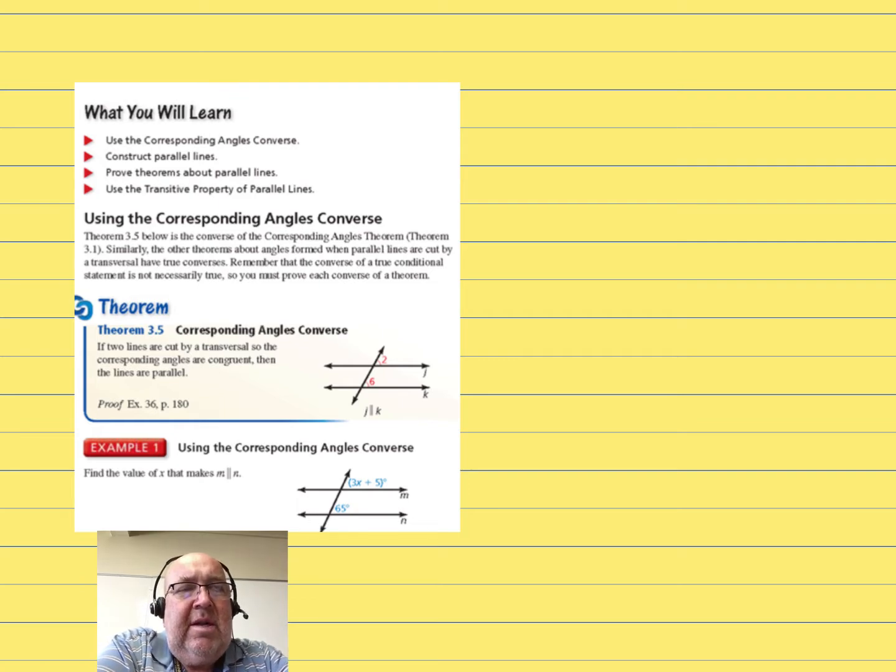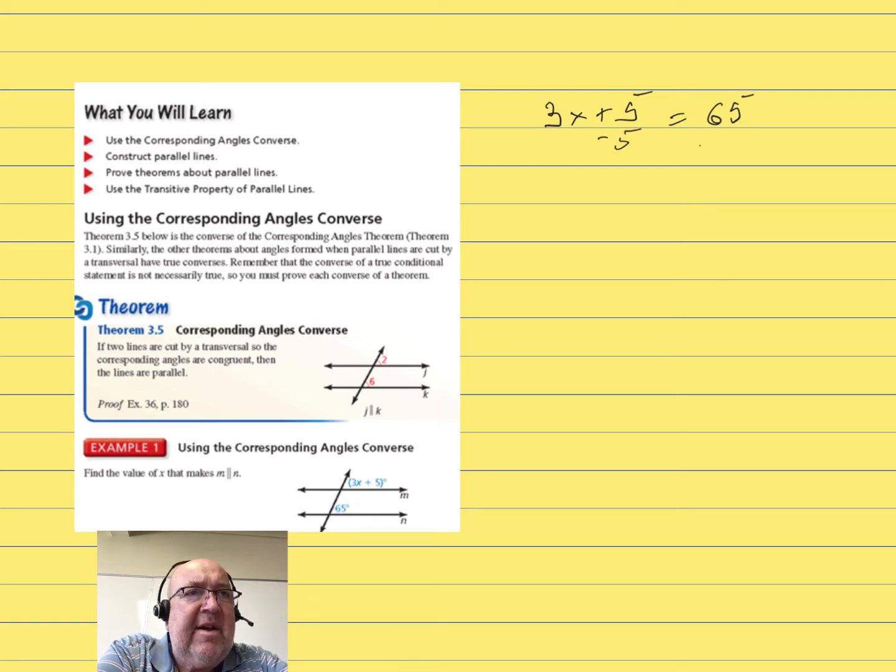By rule, those are congruent. So we have 3x plus 5 is equal to 65 degrees. We want to go ahead and solve for x, so we're going to subtract 5. Subtract 5, we're going to get 3x is equal to 60. We're going to divide by 3.